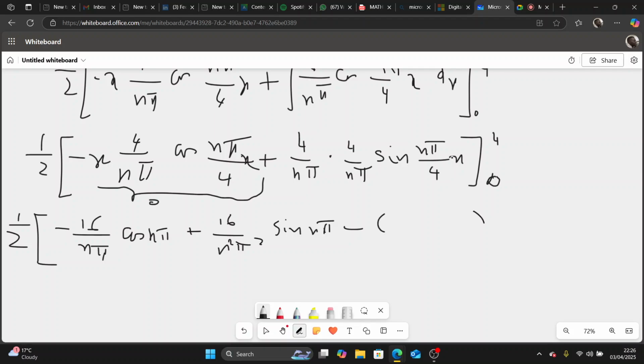If you substitute 0 here, what is sine 0? You say sine 0 is 0. So it means all this body also will be 0. Do you agree? That's what I said. Don't worry about the lower limit of 0 there. This is what we've got.